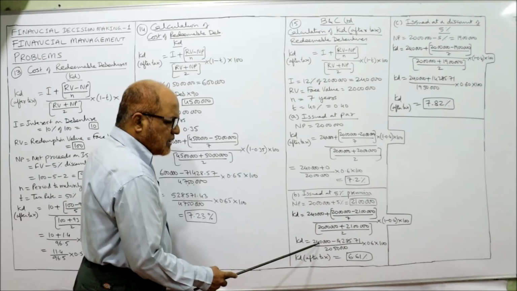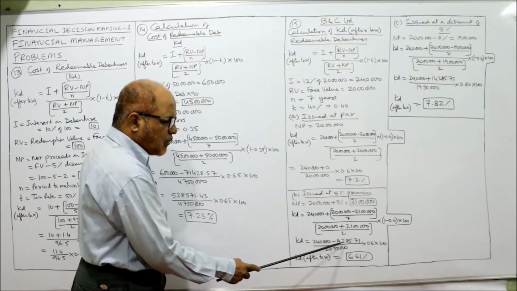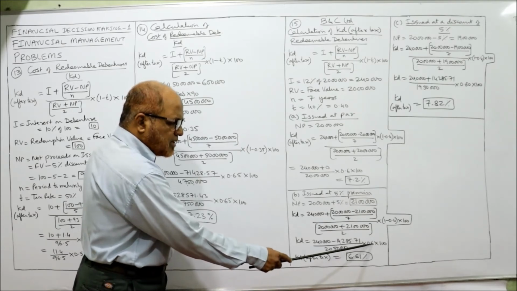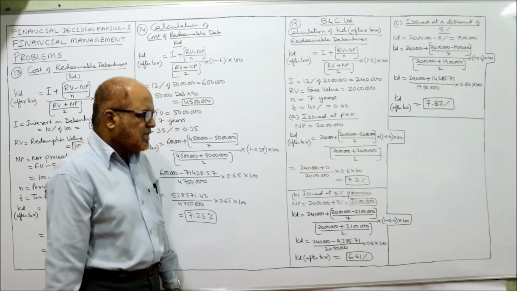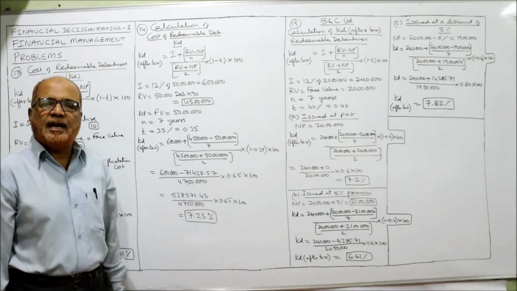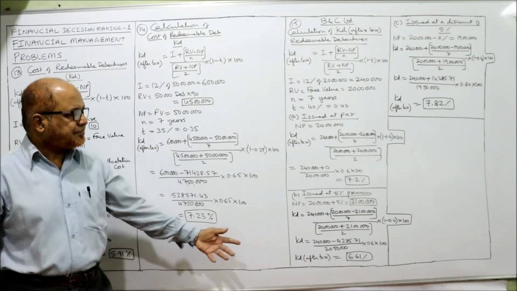Now subtract: 2,40,000 minus 14,285.71, divided by 20 lakh 50,000, into 0.6, into 100. You will get 6.61%. This is the KD after tax.